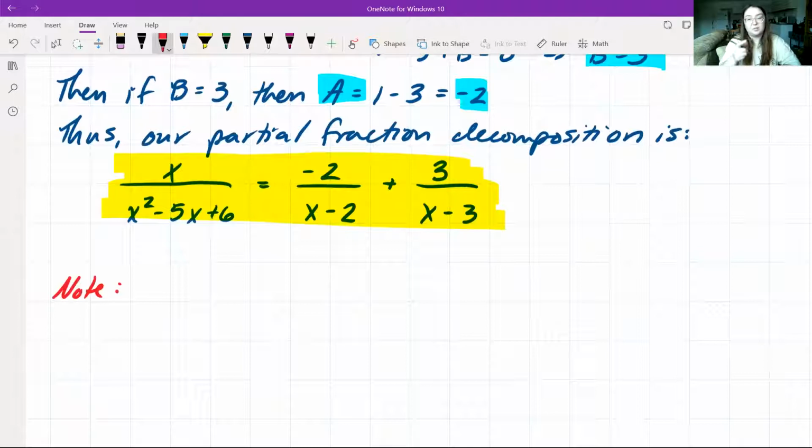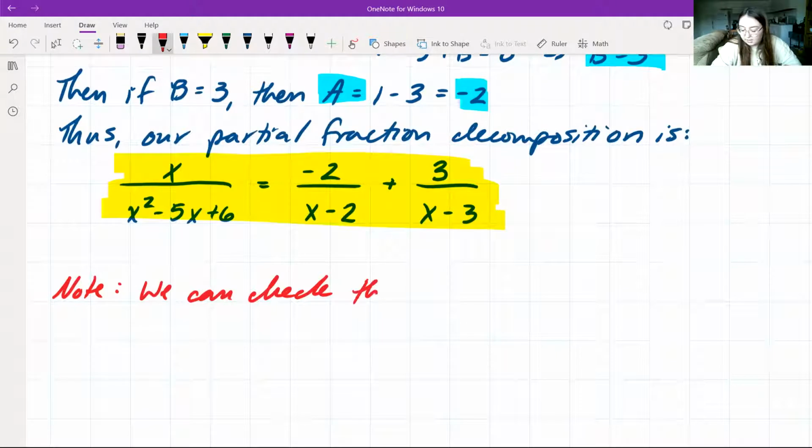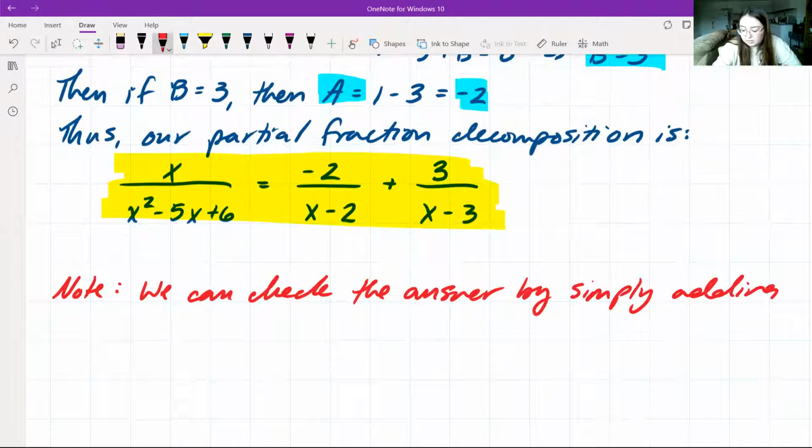A final note before we are officially done with this problem is that if you want to check your answer, we can check by simply adding our partial fractions normally.